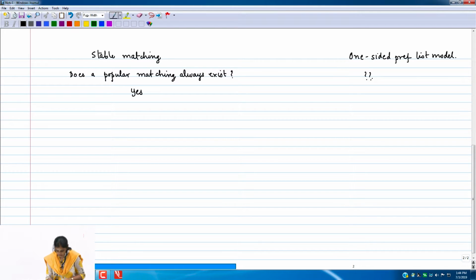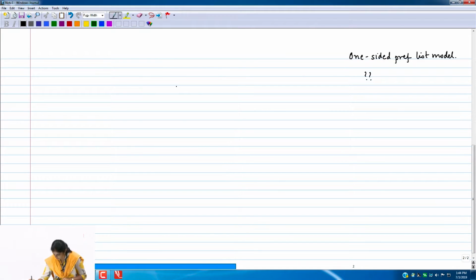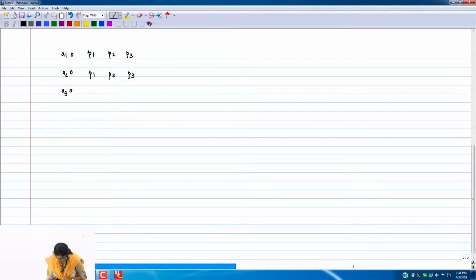So let us do some more examples to understand the notion of popularity in the one-sided model. This example is very similar to what we had earlier. There are 3 applicants and 3 posts.